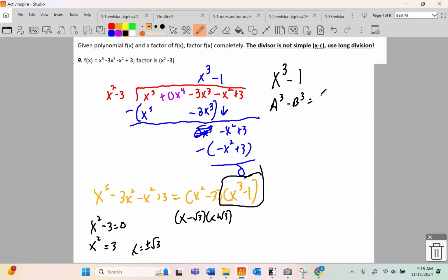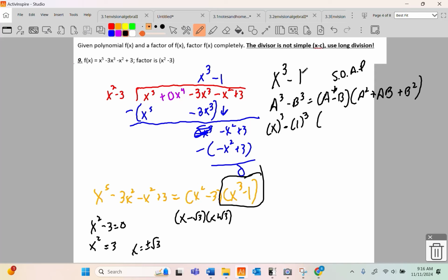So a cubed minus b cubed factors as a minus b. You guys have this acronym SOAP for your signs. a squared, same right there. Opposite plus, opposite of a negative is a positive. a times b, and then the AP is always positive, b squared. So if I realize it's an a cubed minus b cubed, it takes an x cubed to create x cubed, and it takes a 1 cubed to create the 1.